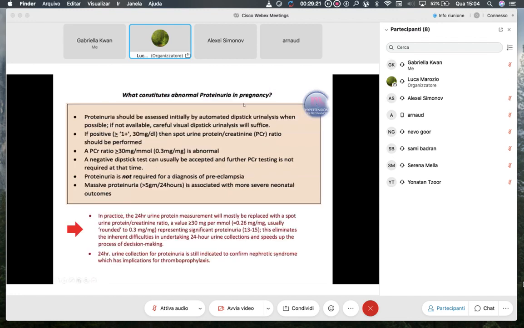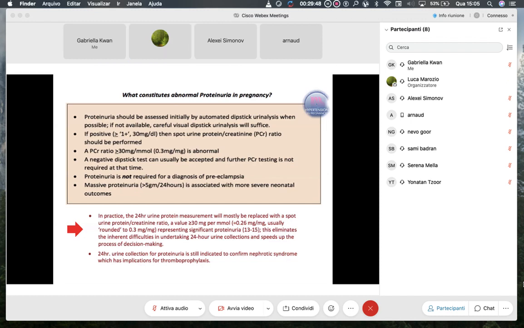Well, one other problem we have is the definition of proteinuria, because proteinuria was a diagnostic criterion for preeclampsia, which is the most severe form of hypertension in pregnancy. So we have to define it: when proteinuria must be considered significant in pregnancy.